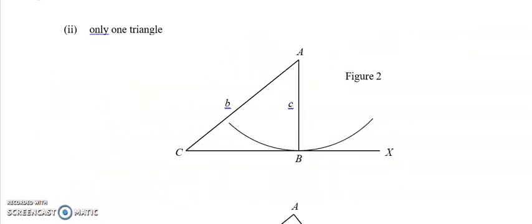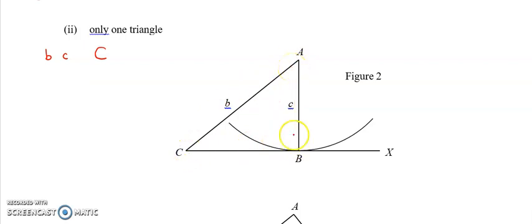Now we look at other variations, and then we try to see if other cases of ambiguity will be present. Recall, the question gives us lengths B and C, and also angle C. Some of you might think, what if I have this kind of situation?